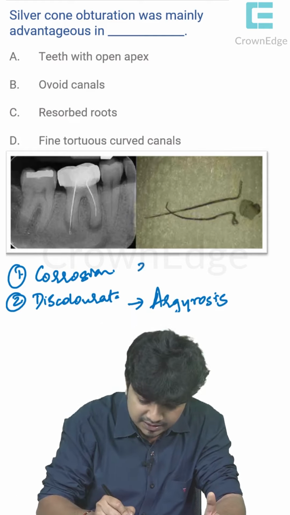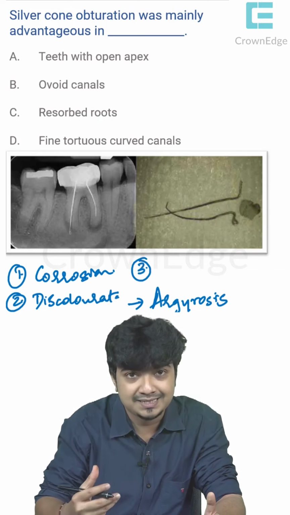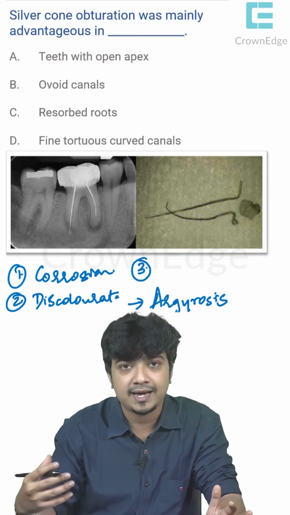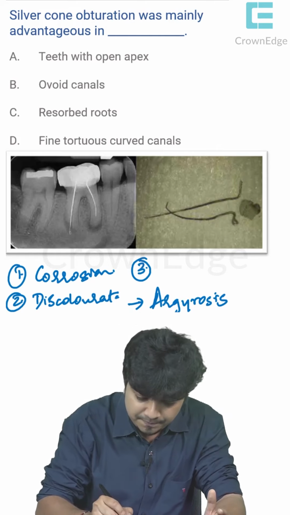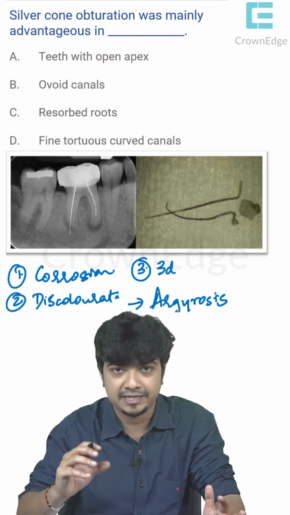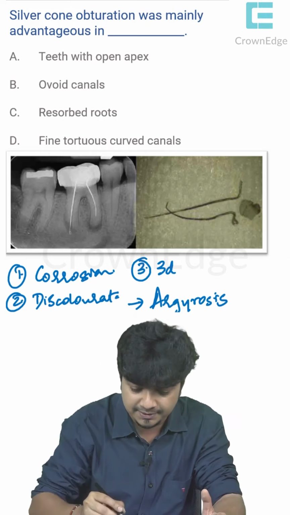The third main disadvantage is that it is not plasticized like gutta percha is. So it cannot accommodate the entire space of the root canal system in 3 dimensions. Because of its single non-plastic nature, it can only accommodate the center part of the main canal.